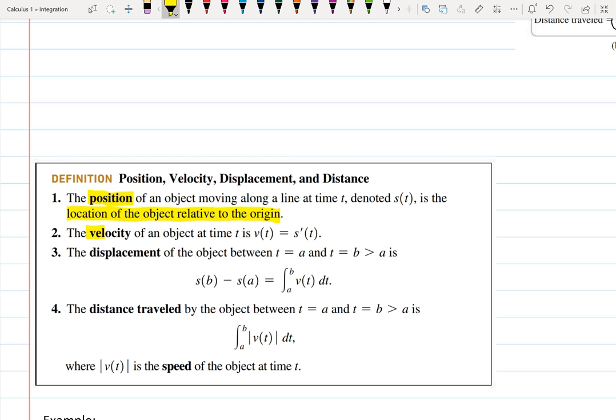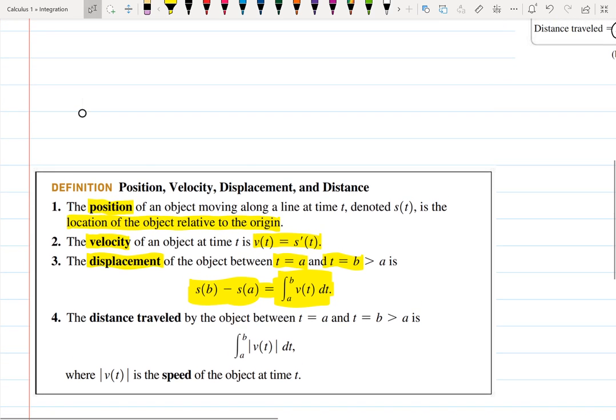Velocity will be the derivative of the position with respect to time t. Then displacement of the object between a and b is the definite integral of the velocity, and it is s of b minus s of a based on the FTC, the fundamental theorem of calculus.